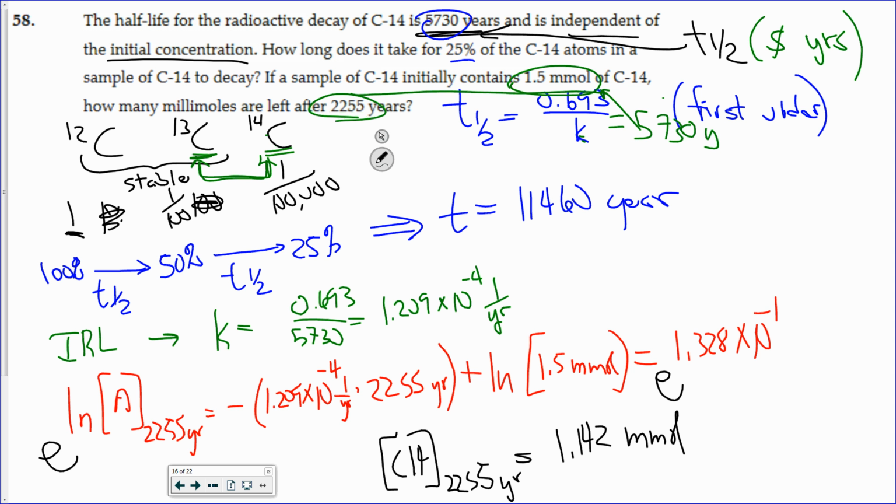Okay, does that make sense? Well, kind of does. I had 1.5 to start with, and I'm down to 1.1. I haven't gone through a half-life yet, or even half of a half-life, so most of the sample's still there.